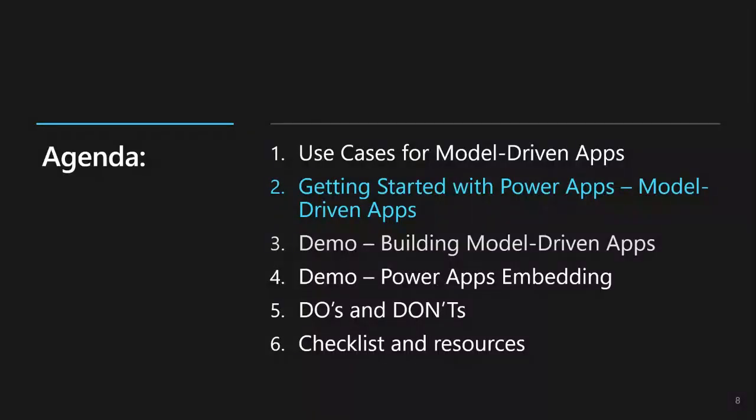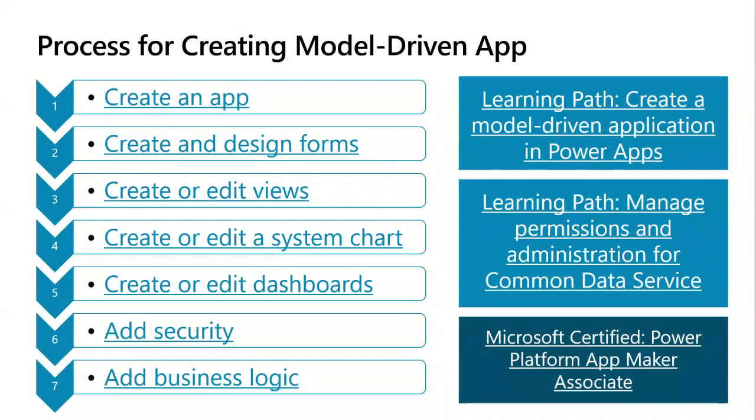So what I want to do is switch gears a little bit and talk about how we can get started building your first model-driven app. If you've never built one before, the basic process, I've kind of broken it down into 7 steps here, and each of these steps is a hyperlink with additional information and step-by-steps. I'm going to be showing some of these steps, not all of them, to help you get started.